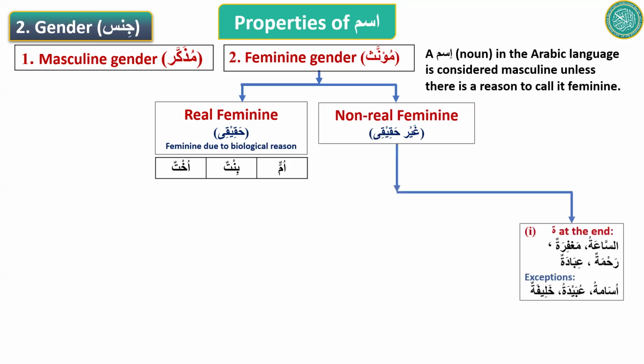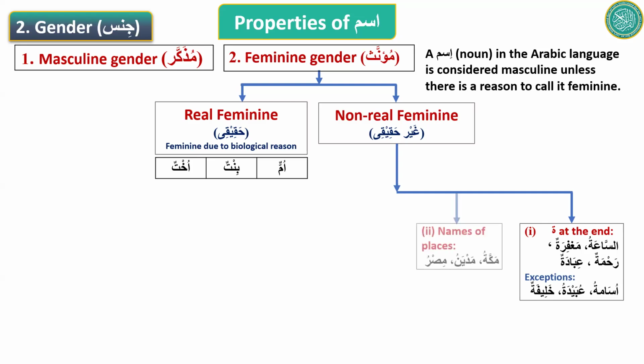In Arabic, the first type of non-real feminine is when you see a ta marbuta, a round ta, at the end. That means it is feminine. But there are some exceptions, like Usama, Ubaida, Khalifa. Generally, most of the time, a word with a ta marbuta at the end is feminine.